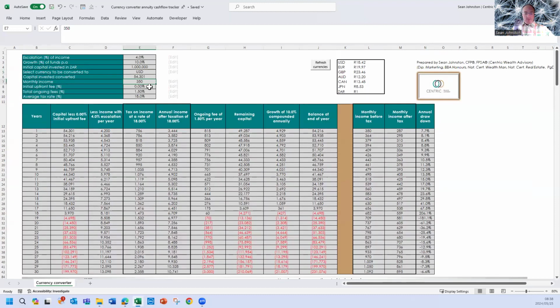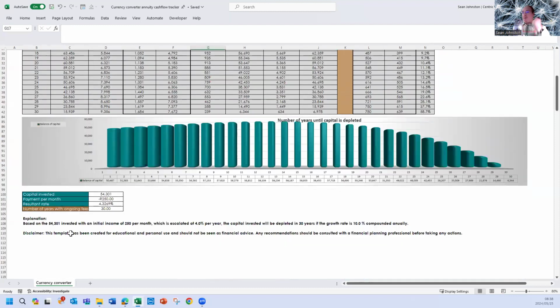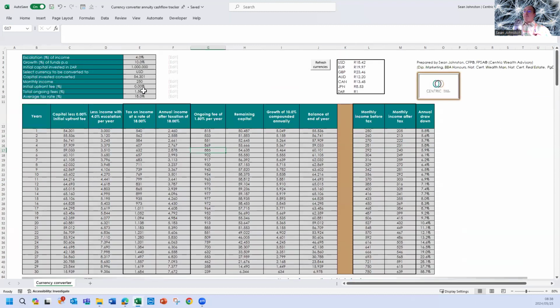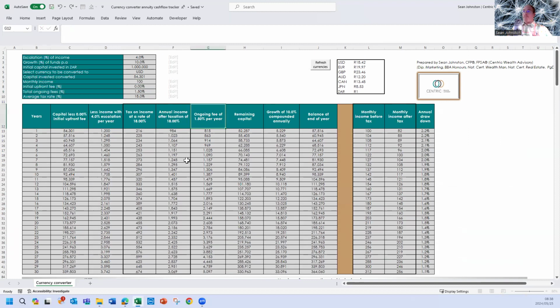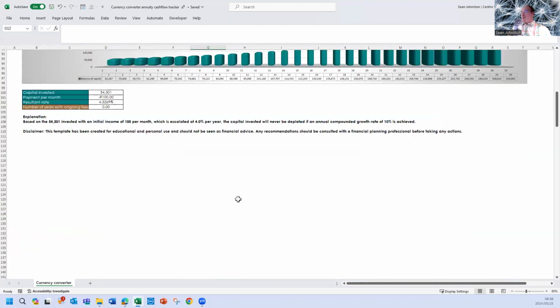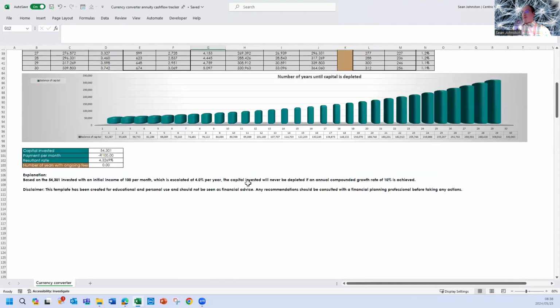Now, going back to 250, if 54,301 is invested for an initial period of $250, which escalated 4%, lasts 30 years, and let's say you put in $100. So I've said here, based on $54,301 invested with initial income of $100, escalating 4%, it'll never deplete.